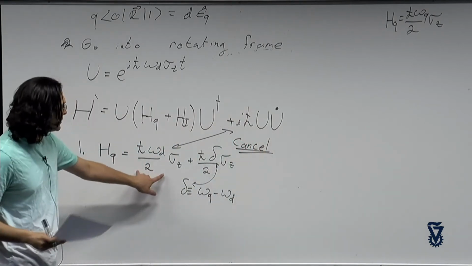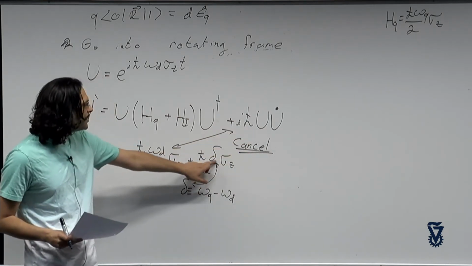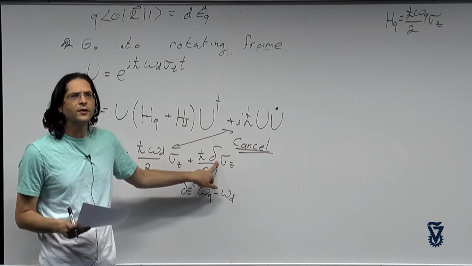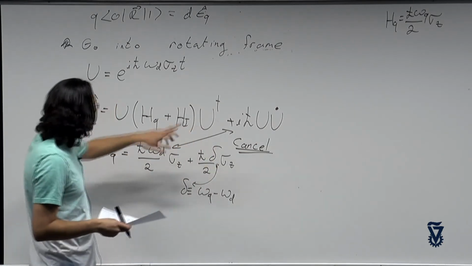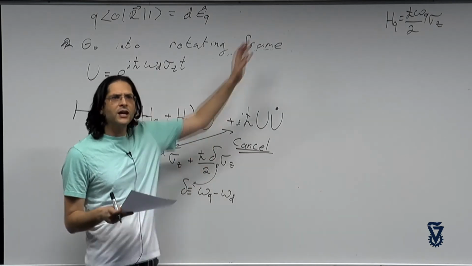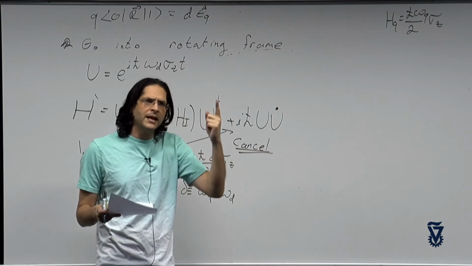So this part is going to drop with that part. And then our Hamiltonian is just going to be left with the detuning of our drive from omega q. Okay, omega q is the equivalent of the Larmor frequency for the magnetic spin.